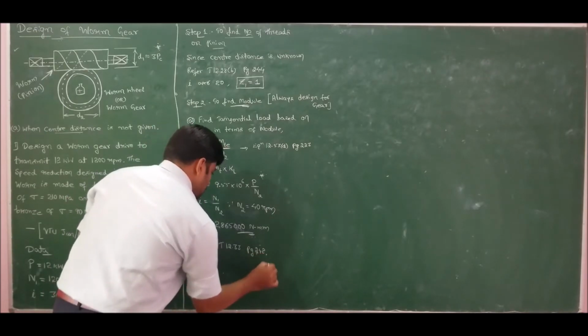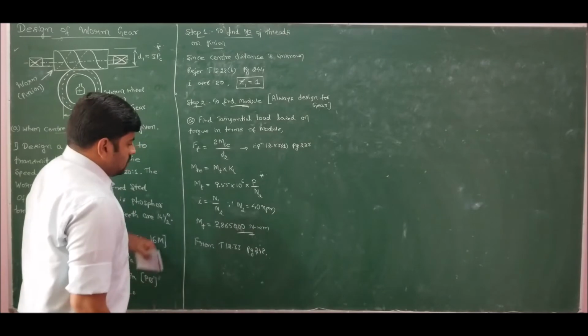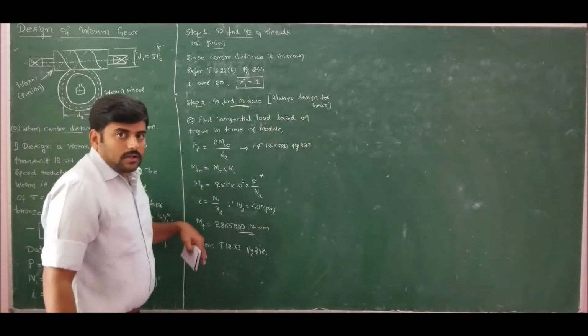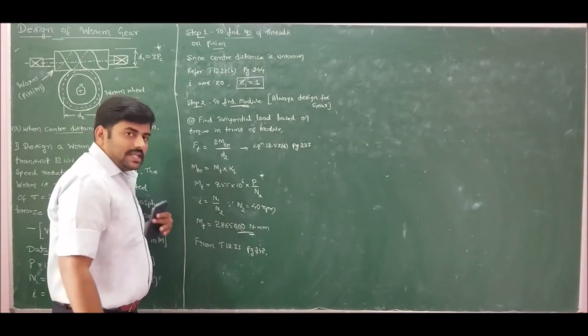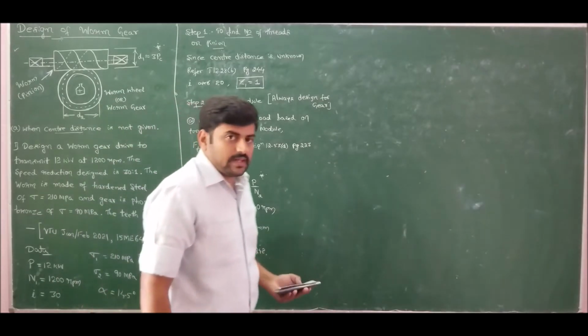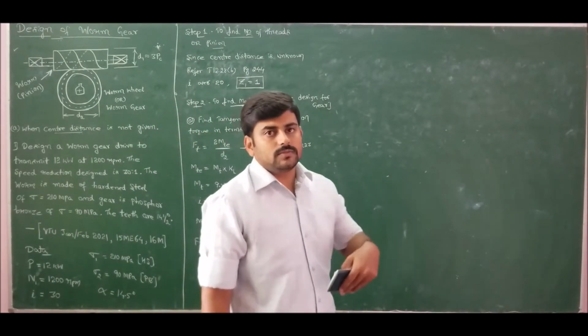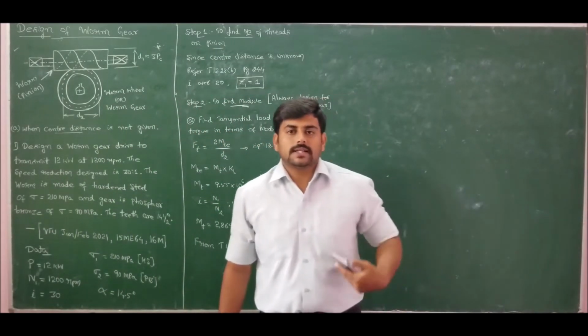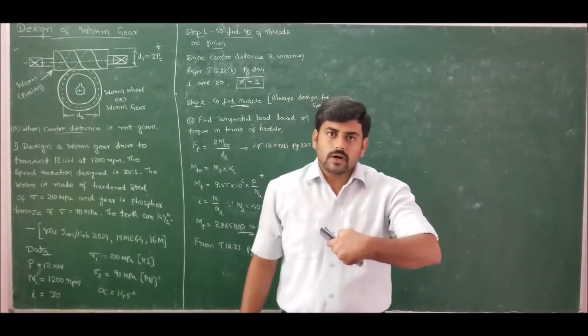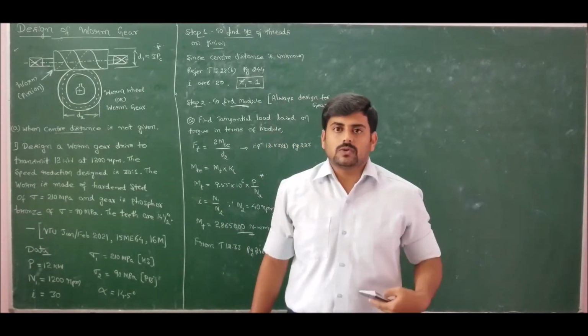Whenever the load factor is calculated based on machineries, and the machinery is not specified and also the load factor is not specified, always assume the load factor as 1.5 and solve. This is because worm gears are employed to transmit very high loads.